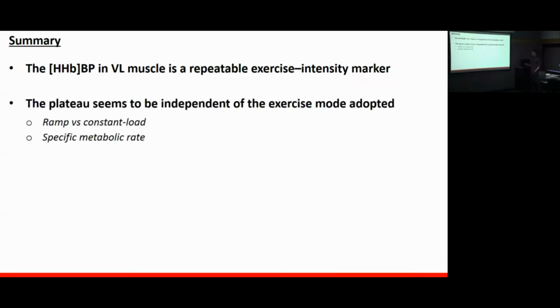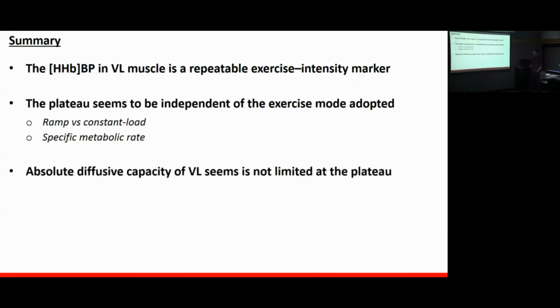The plateau, however, seems independent of the exercise mode employed, ramp versus constant load, and it seems to happen at a specific metabolic rate, which is the highest metabolic rate at which we can keep metabolic stability. However, this plateau does not seem to represent the upper limit in oxygen extraction, given the overshoot in the signal during the occlusion.